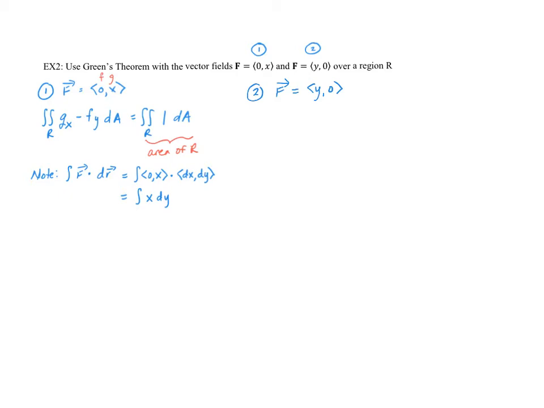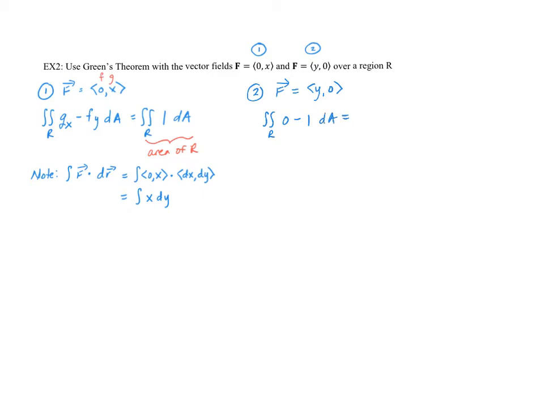Now, if we have the vector field y, 0, using Green's theorem, it's going to be the partial of g with respect to x, which is 0, minus the partial of f with respect to y, which is 1.